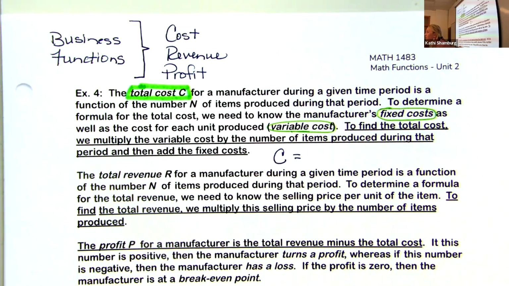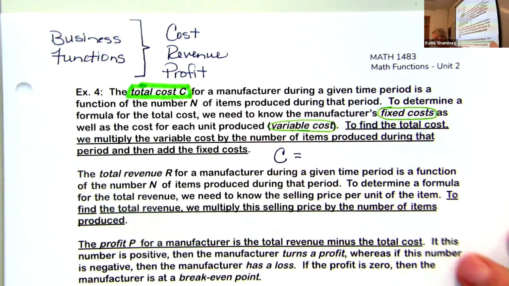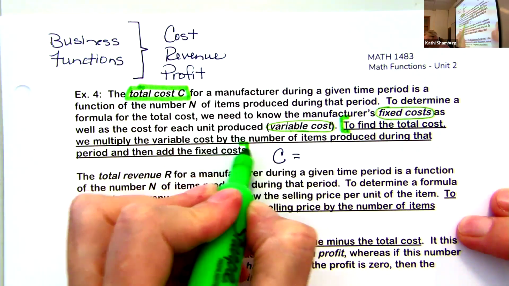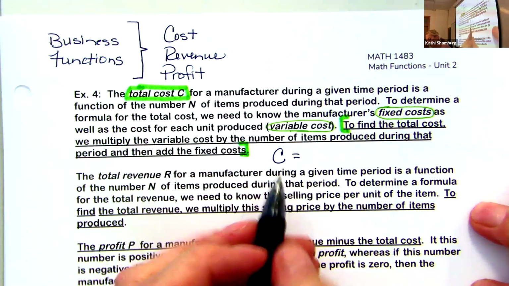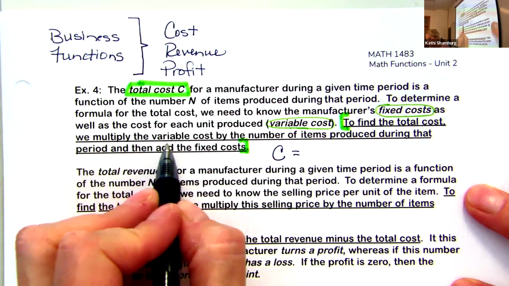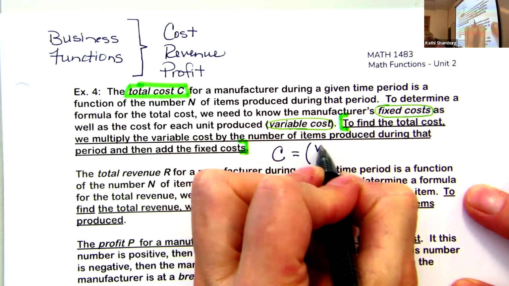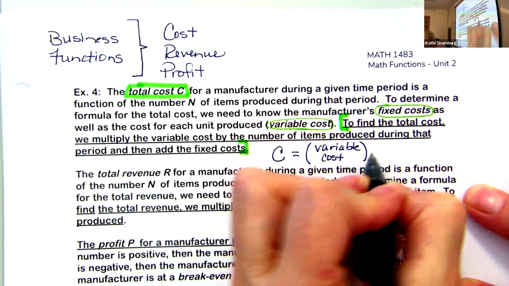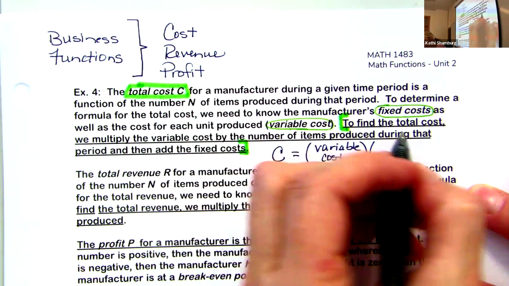You did a cost function on the test. Remember, it was the shipping one where you had fixed costs and then the cost per pound. So how do we write a cost function? That's what it's telling us right here. To find the total cost, which is our cost function, we take the variable cost and multiply that times the number of items.